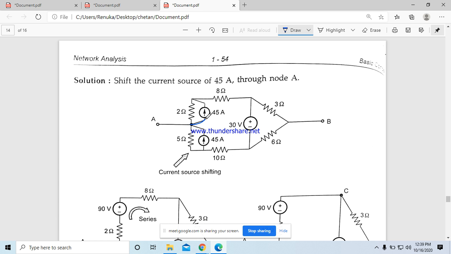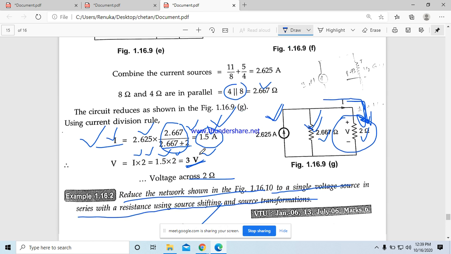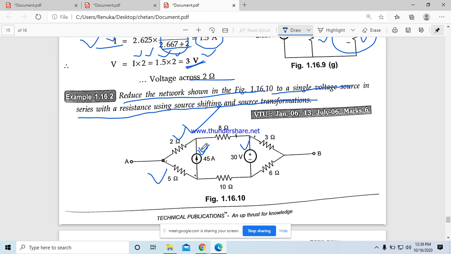This 45 amp is common to this 2 ohm as well as 5 ohm. So you can draw like this. You can observe that this is parallel. So you can draw this current source individually across this 2 ohm as well as 5 ohm.